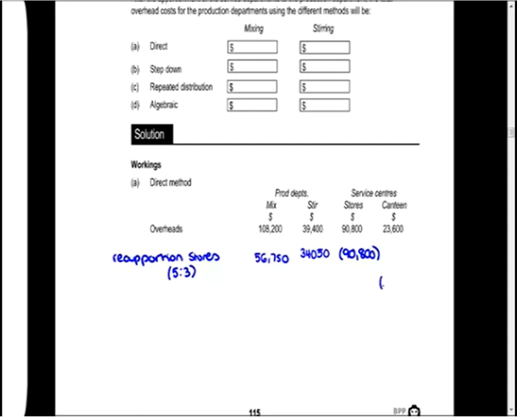Next then I need to apportion the canteen costs. Again, I'm going to ignore the stores, and I'm going to do it on the basis of the work done. So 45 for the mixing and 40 for the stirring.